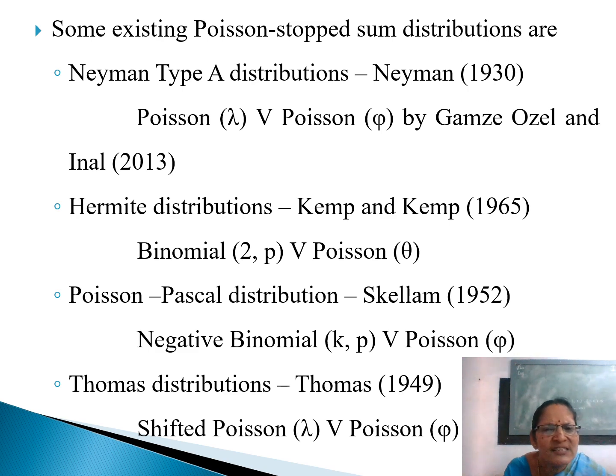The third one is the Poisson-Pascal distribution introduced by Kemp in the year 1952, that is negative binomial of k, p versus Poisson of phi. One more compound distribution, namely the Thomas distribution, that is shifted Poisson of lambda versus Poisson of phi.